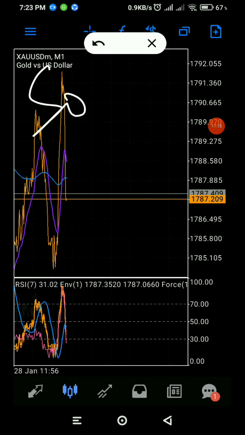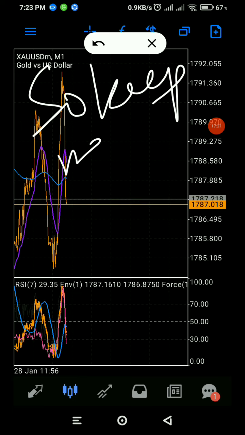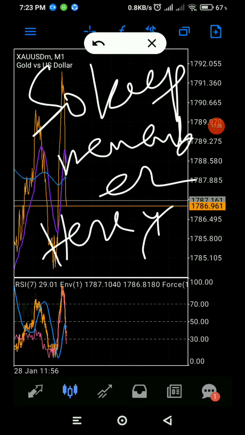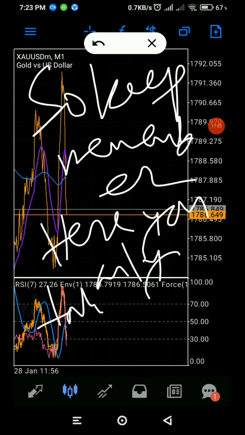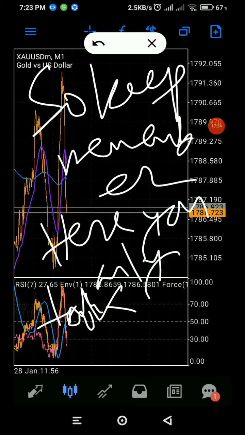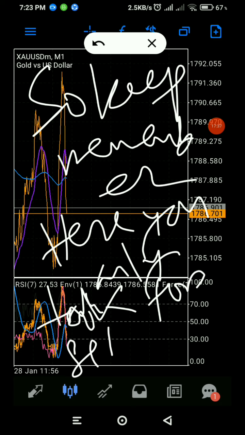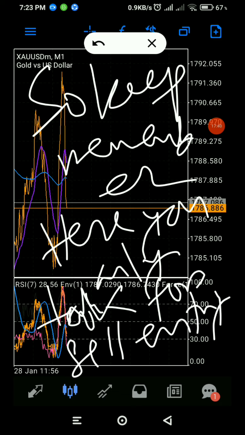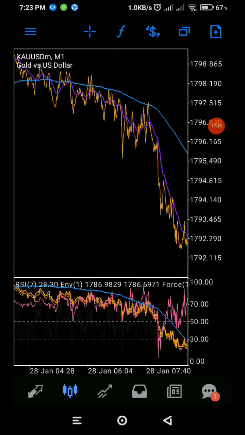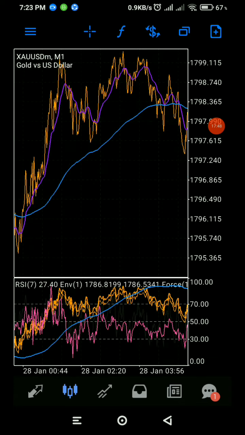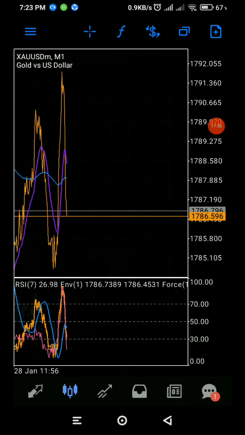So keep in mind, here you only look for sell, because the higher time frame shows sell entries, and if you want to take buy, then it will be a short entry.